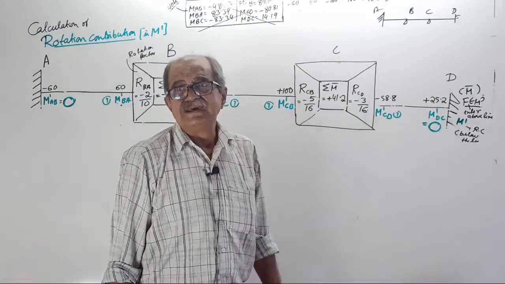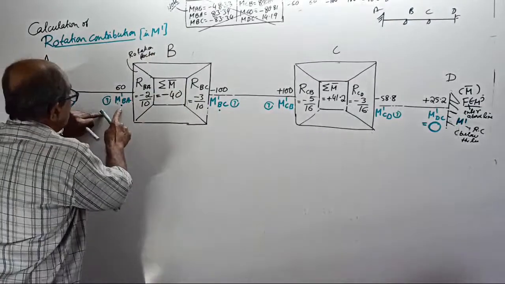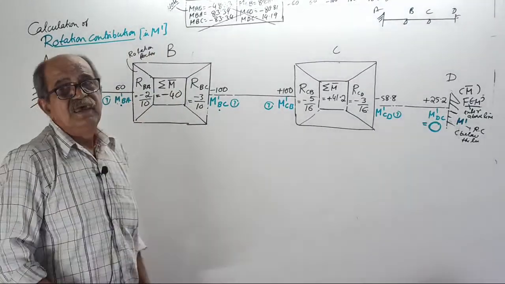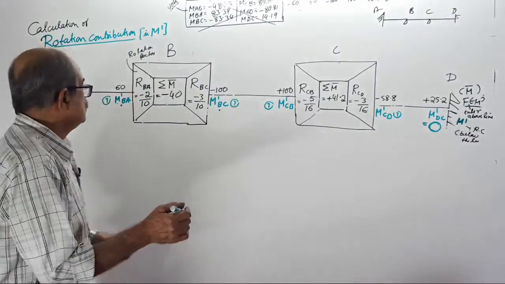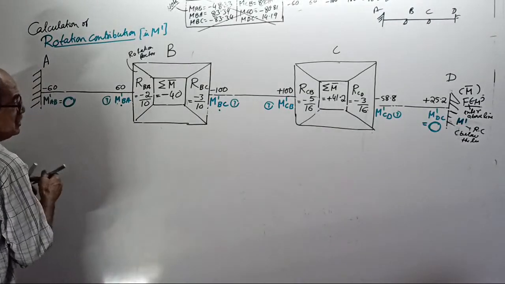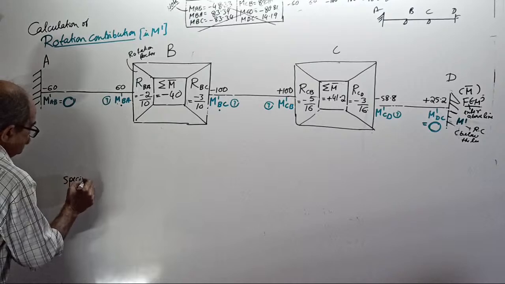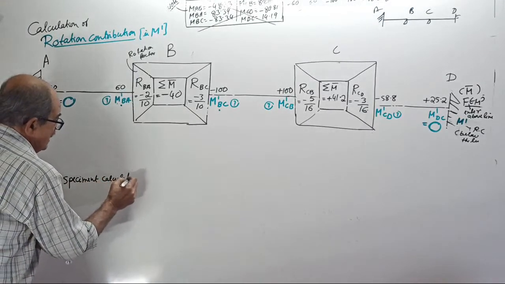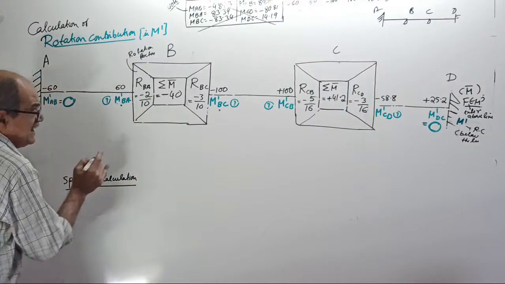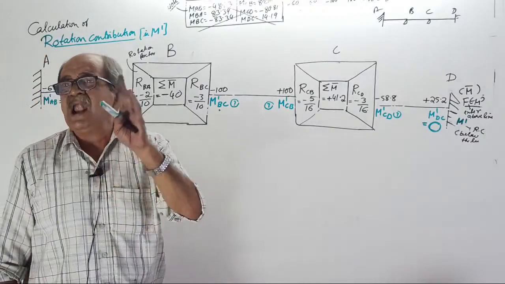Now see, suppose you are writing an examination, now you have to enter the value. But what happens is, people will expect you to show the calculation. So what I will do is, I will show here a specimen calculation. Specimen means more and more cycles are there. You need not show calculation for all cycles.